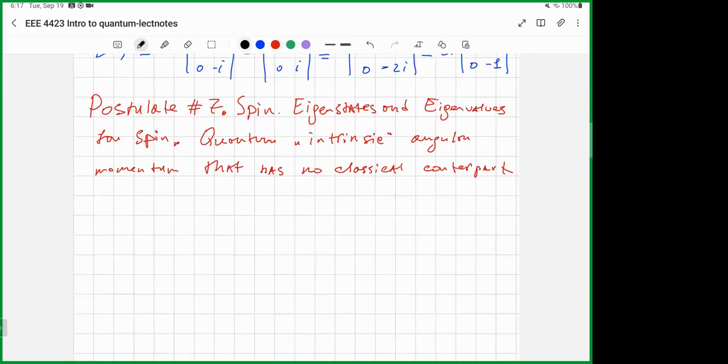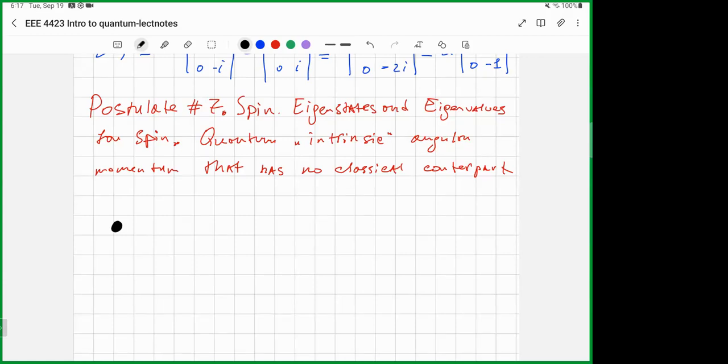What does it mean? It means that if we describe a quantum system like an electron as a particle, in fact, in reality, it's not a particle, right? It is a system that manifests itself as a particle in some experiments and as a wave in other experiments.